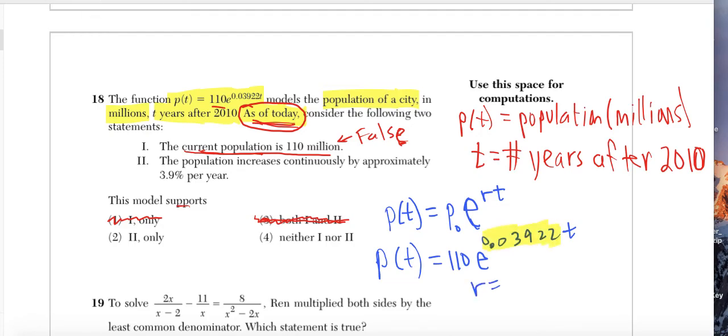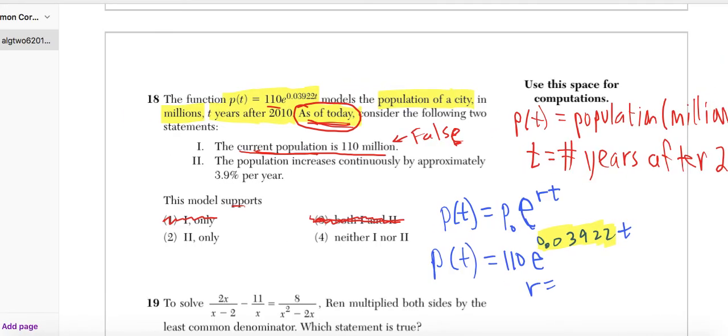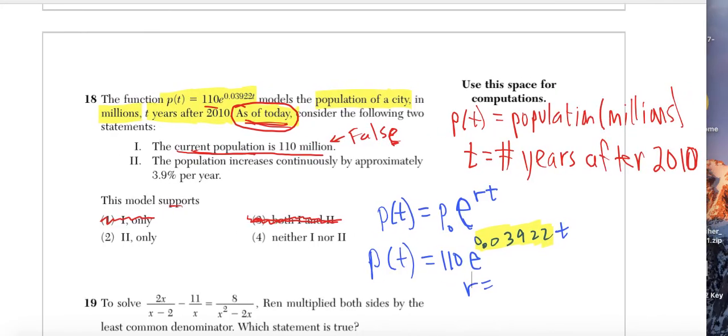R is equal to this value right here. This is not an interest rate, it's not money. This is the population growth rate as a decimal, and it's growing continuously. So the population does increase continuously, that's true, by approximately 3.9% per year. R is equal to 0.039 if I round it to two places.